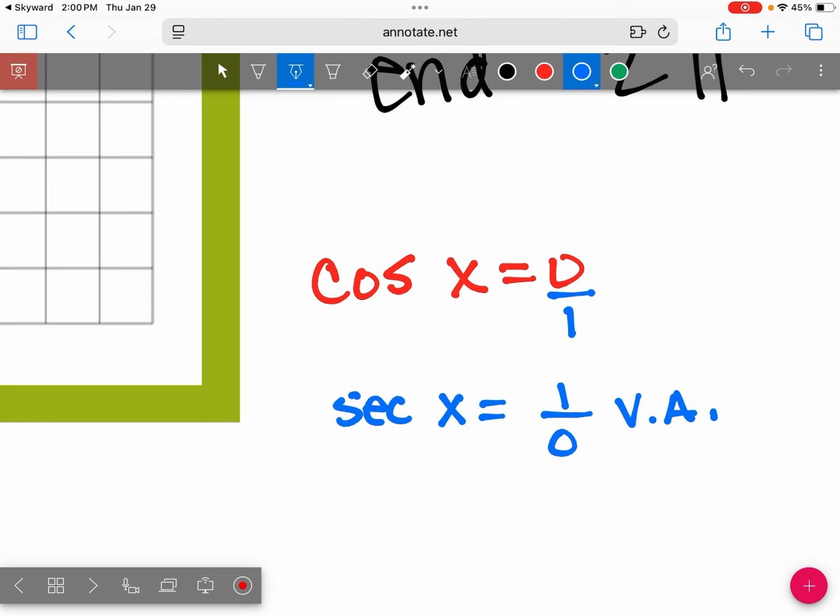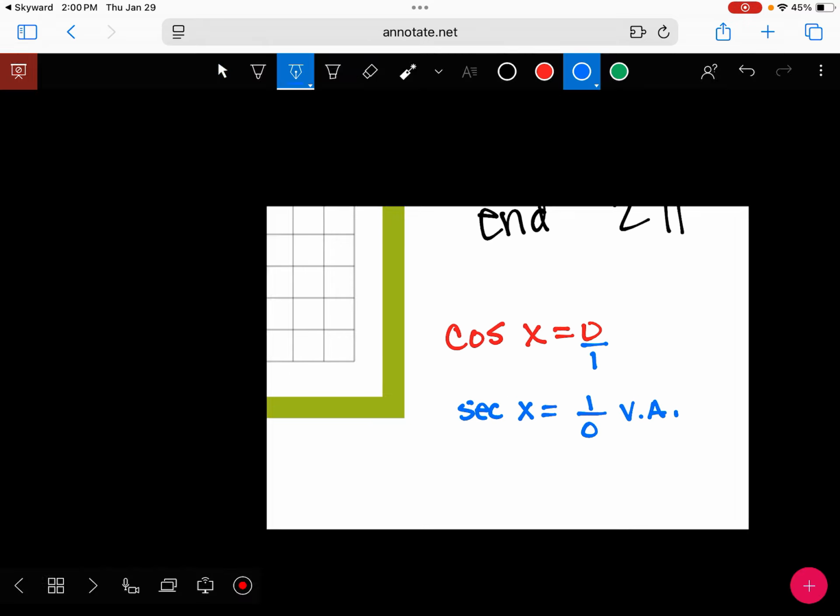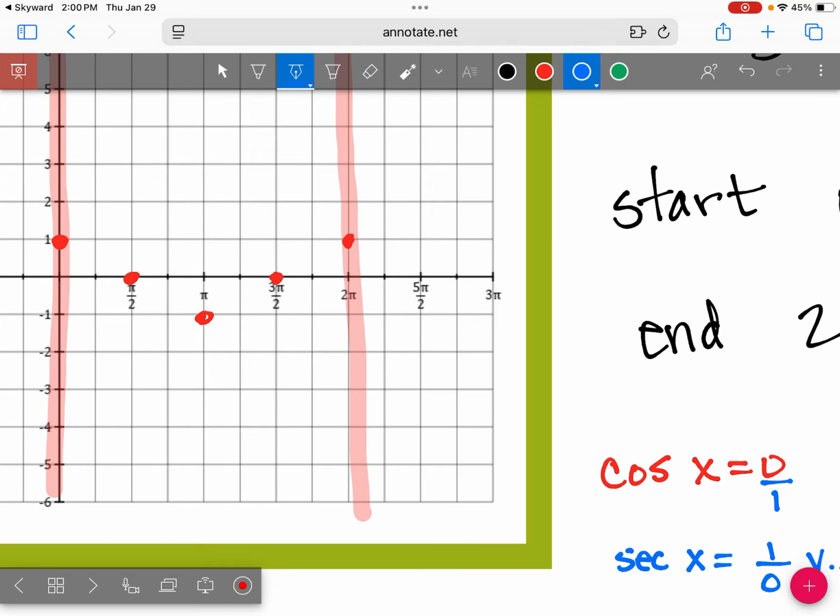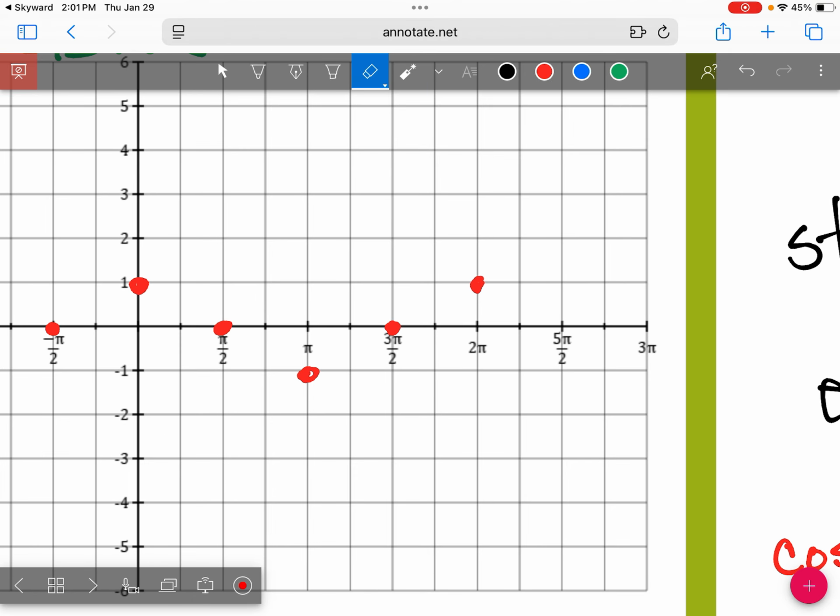So every single time you're at 0, I want you to draw in a vertical asymptote. I'm going to erase this now because I don't want you to confuse that with an asymptote. Now I'm going to draw in my asymptotes every time it hits 0. My first one, I'm going to put it here.